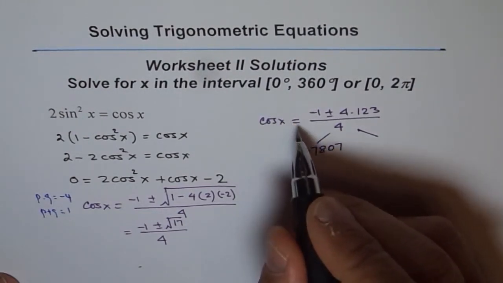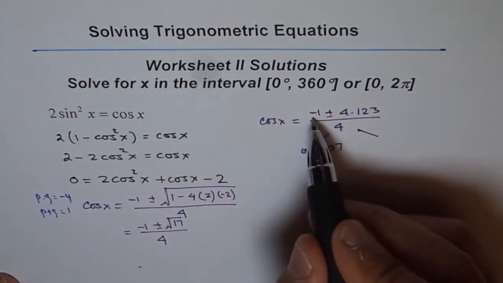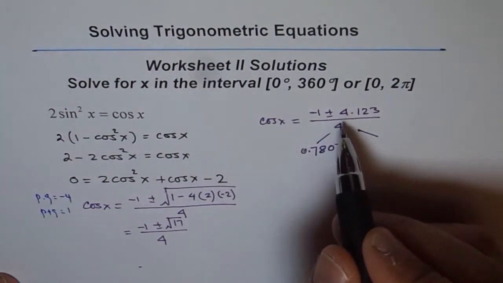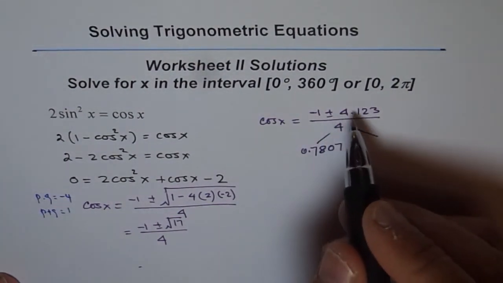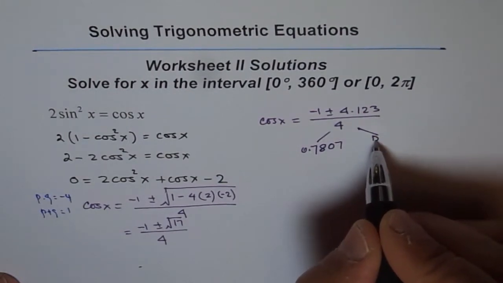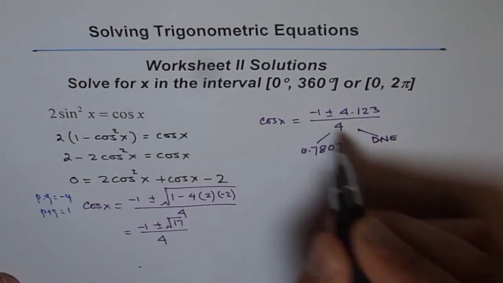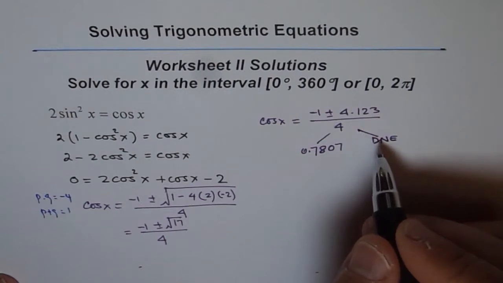So that is one value of cos x. The other one, when we do minus 1 minus 4.123, the numerator is going to be more than 1 in magnitude, so that will have no solution since cos x cannot be more than 1, correct?